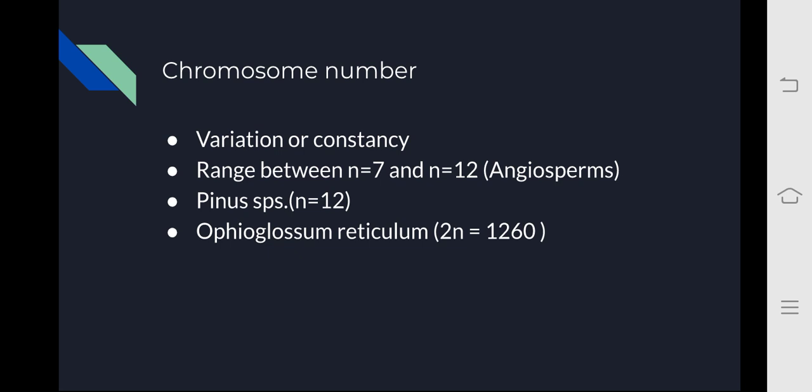For example, in the species of Pinus, the haploid chromosome number is n equal to 12. These are called constant chromosome numbers. They are of limited importance but are useful in knowing a particular genus. So it is all about the chromosome number in cytotaxonomy.